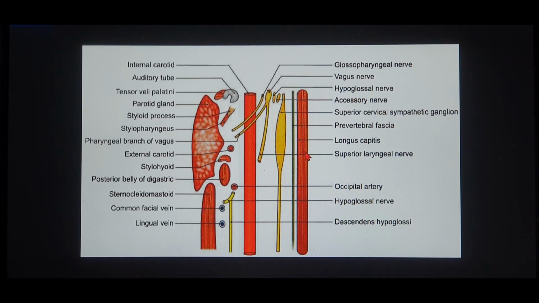That is the longus capitis, the superior laryngeal nerve, the superior cervical sympathetic ganglion. All these structures lie posterior. Okay, the medial relation is the pharynx, and the lateral relation is the internal jugular vein. So that's a short note right there. You can draw this diagram, say all the 4 relations, and that's it. That's your short note right there.